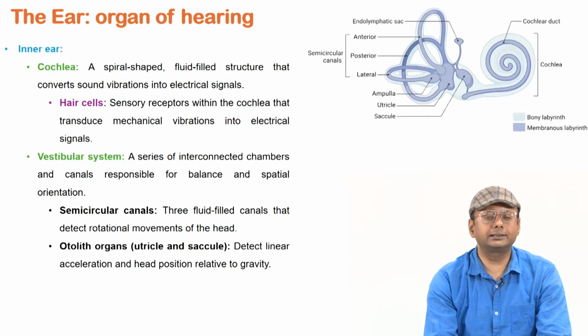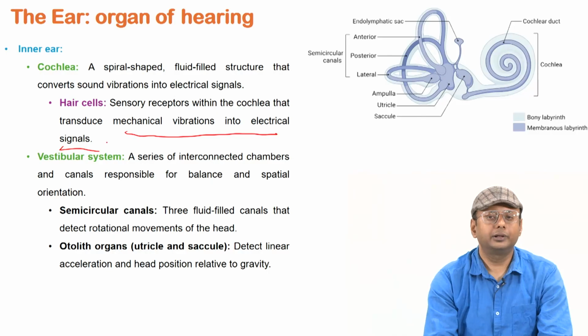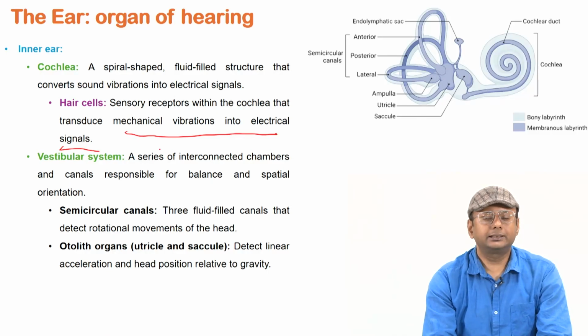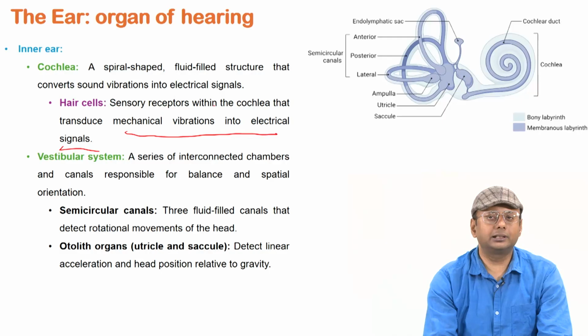It also contains hair type of cells that have sensory receptors within the cochlea, which transduce mechanical vibration to electrical signal. So when those three tiny bones vibrate, they send a mechanical vibration signal, and in the inner ear it is converted to an electrical signal inside the hair cells.